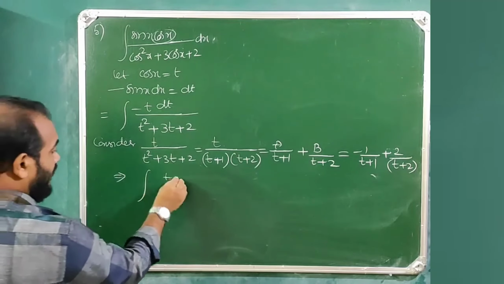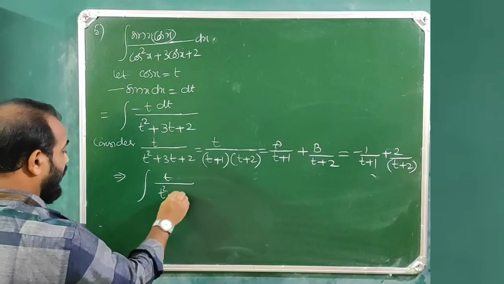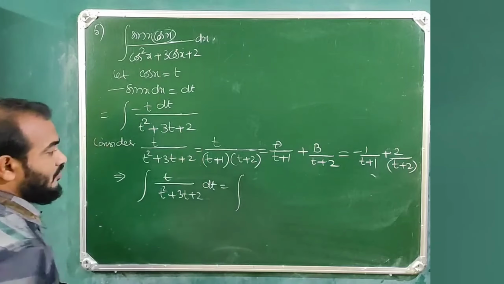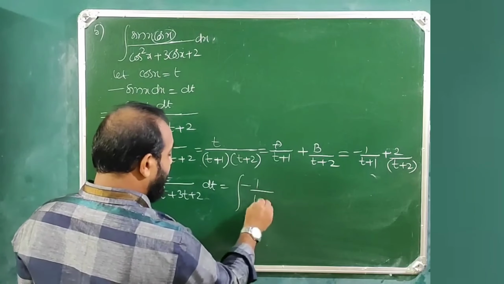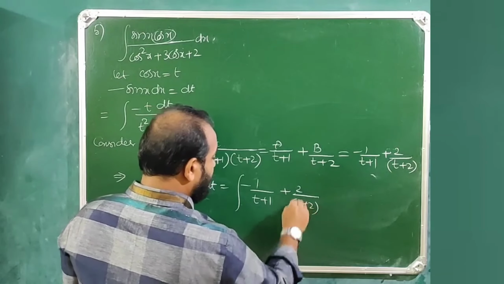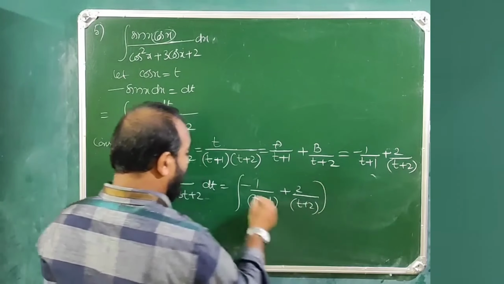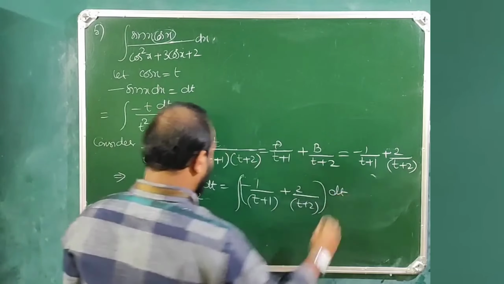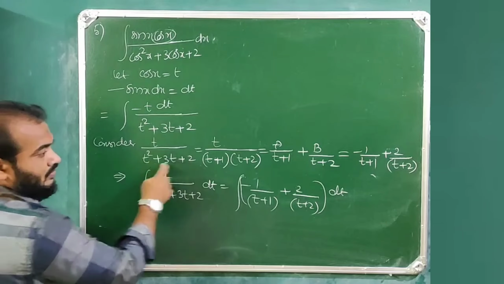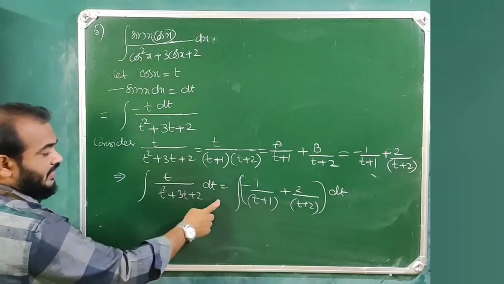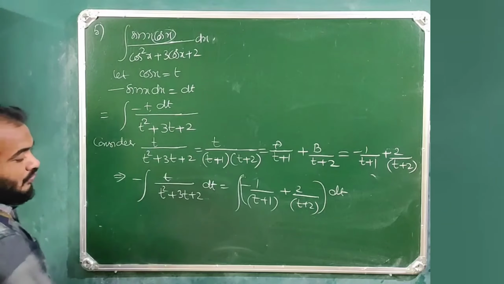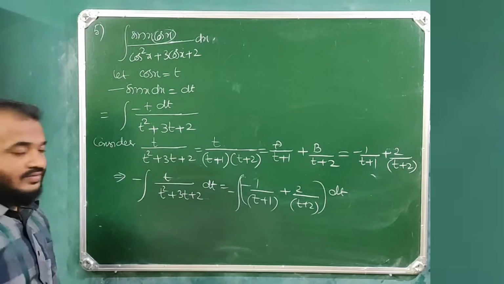Now integral of t by t square plus 3t plus 2 dt is equal to integral of minus 1 by t plus 1 plus 2 by t plus 2 whole dt. So we have minus here, so here also we will get minus.